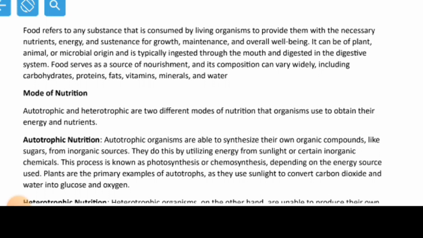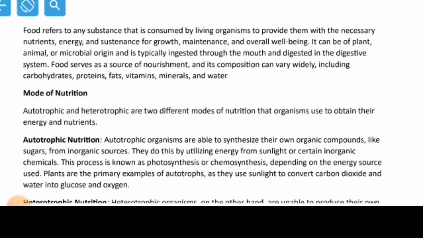Now, mode of nutrition. Let us see how organisms obtain their food. So what are the different modes of nutrition? Autotrophic nutrition and heterotrophic nutrition are two different modes of nutrition that organisms use to obtain their energy and nutrients. Autotrophs are the organisms which have the capability of making their own food; the word says auto means self.